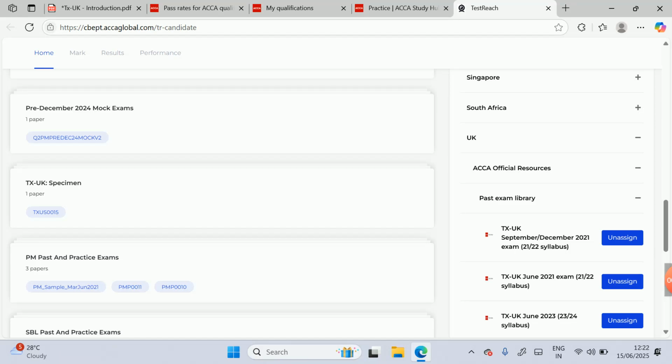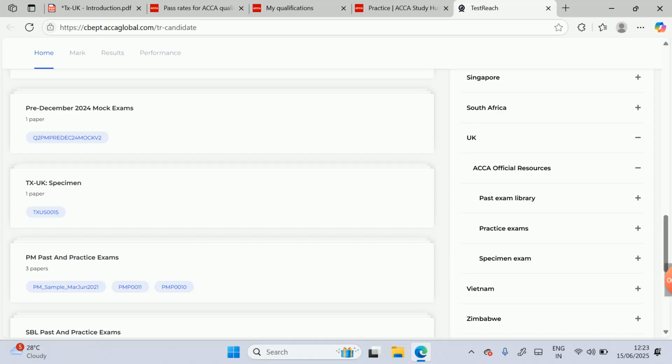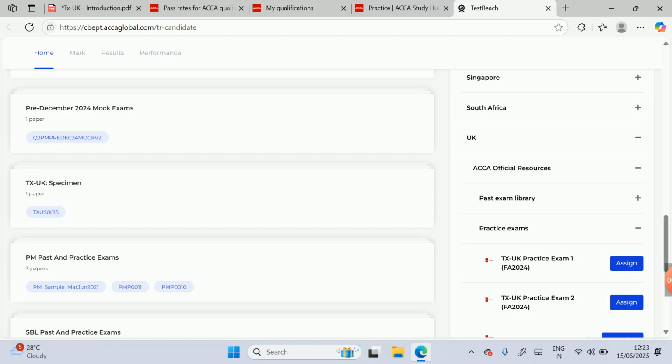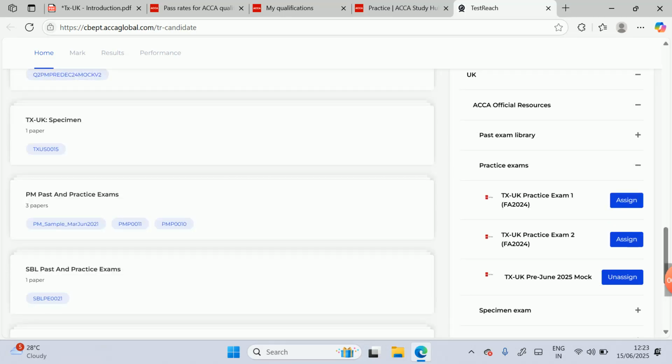And hence there will be discrepancies in your answer and this will cause confusion. So I do not usually recommend the past exam library for tax, only for tax. However, I recommend practice exam questions because these are based on Finance Act 2024 only.